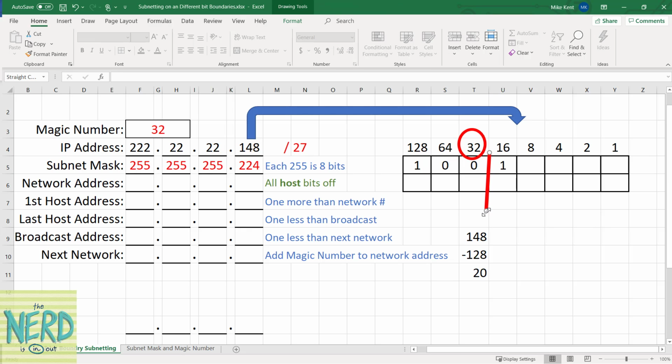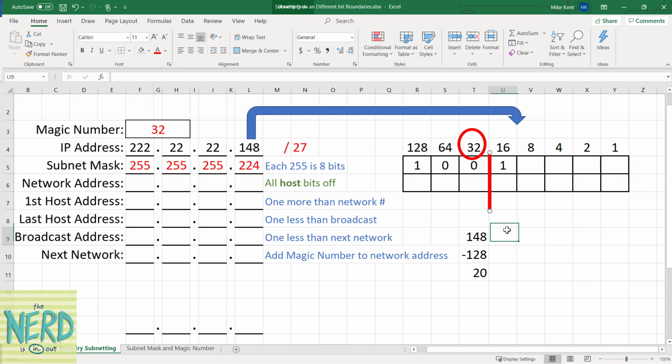Oh, look at that, my line's not straight. Oh, that's better. So then I have to subtract 16, and that's going to leave me 4 left. So can't get an 8, I can get a 4, and a 0, and a 0. So this is 148 in binary. Now the only reason we did that is to see what the network bits are.